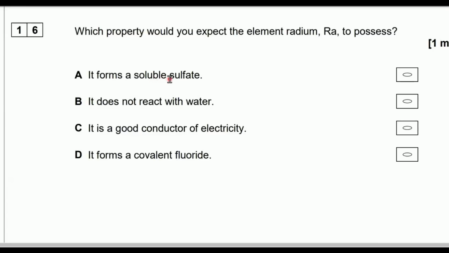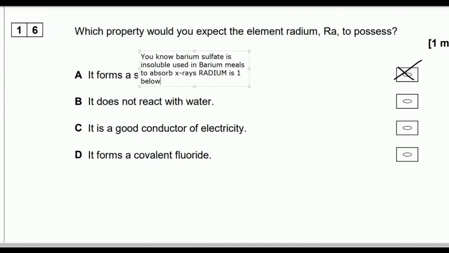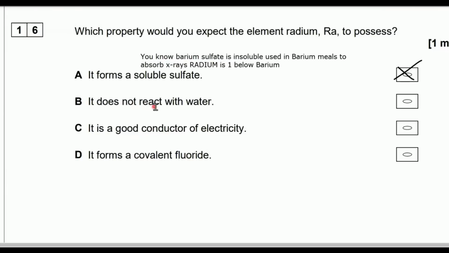Does it form a soluble sulfate? How do I know it doesn't form a soluble sulfate? You should memorize in your head that barium sulfate is insoluble. That's the one we used in barium meals because it can absorb radiation, it can absorb X-rays, and radium is just one below barium, so it's going to have a very similar solubility to barium. So hopefully that's the clue to know that.